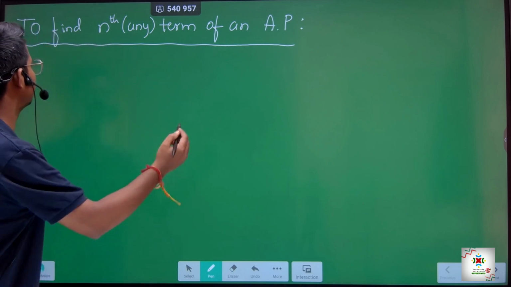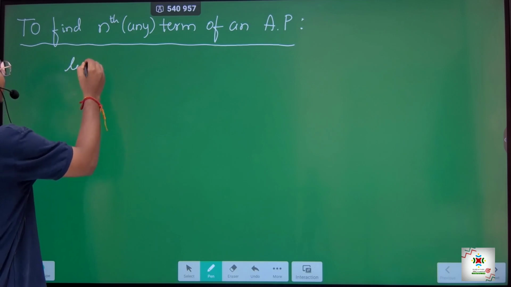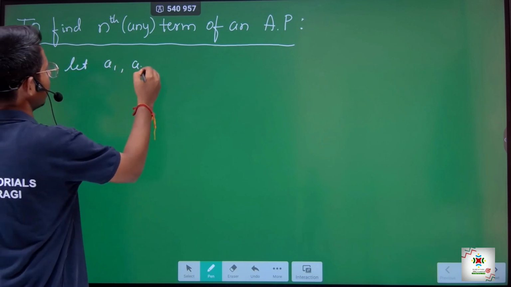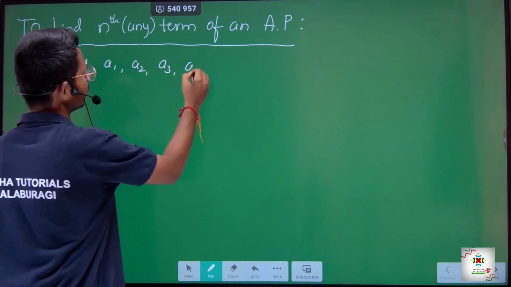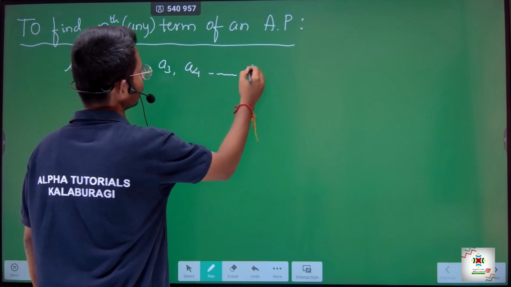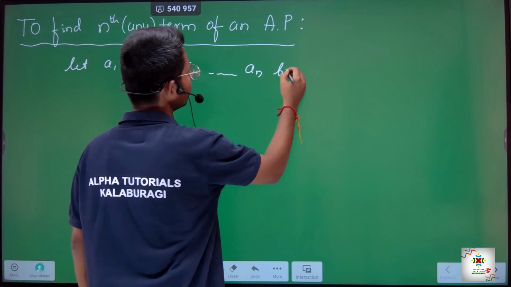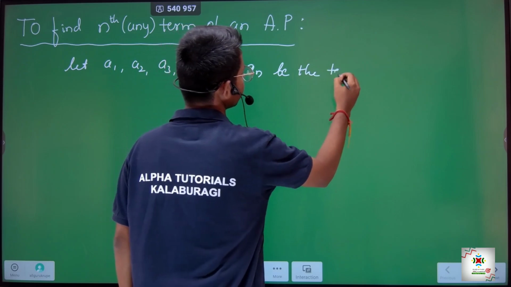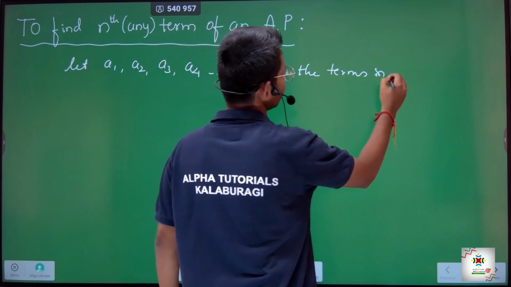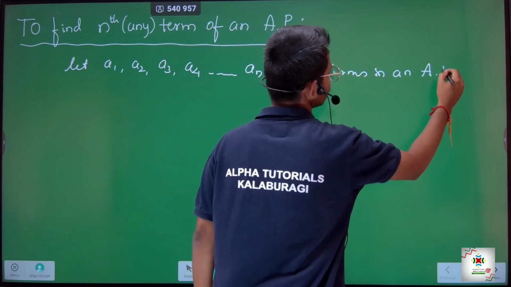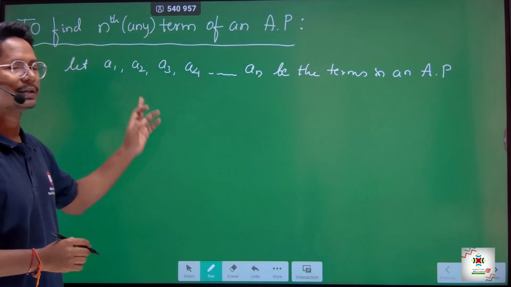Fine. First I'll write: let A1, A2, A3, A4, and so on up to AN be the terms in an AP. So these are the terms in an AP.